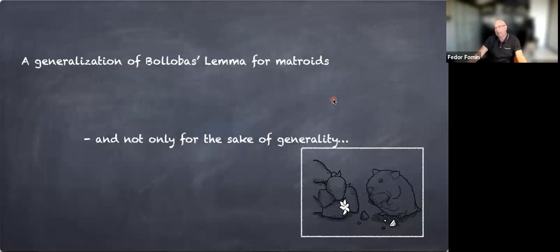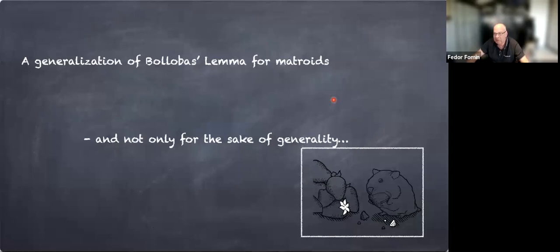So our next topic, which is strongly related, is a generalization of Bollobás lemma for matroids. Of course, in mathematics and theory, we're always happy to make generalizations. Sometimes it's just generalization for the sake of generalization, but here it's not true. One useful thing about this generalization is that we'll be able to solve a larger class of problems, because matroids are way more general than sets or graphs.